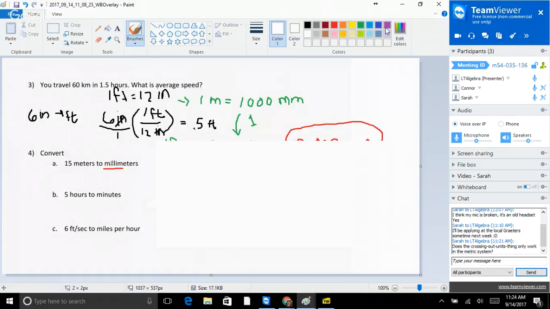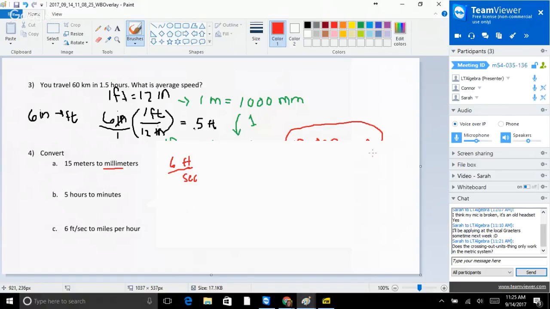Okay, let's go with red. 6 feet per second to miles per hour. So we have 6 feet per second. So this one's a little weird because we have units in the numerator and the denominator, right?